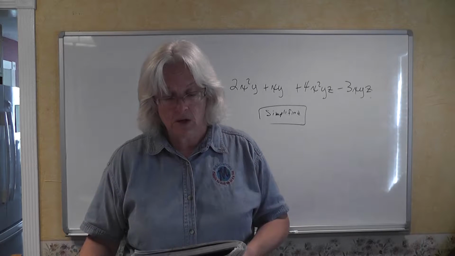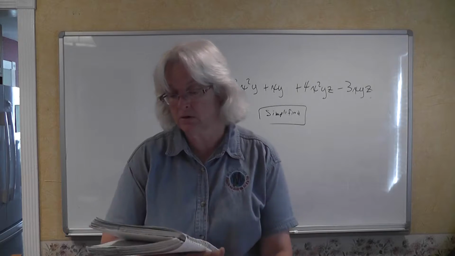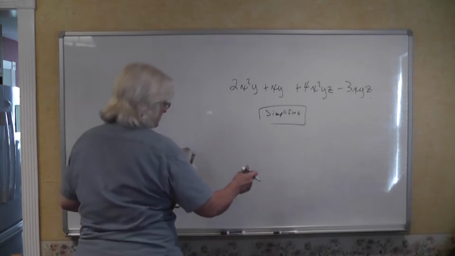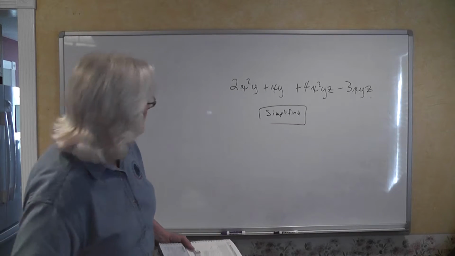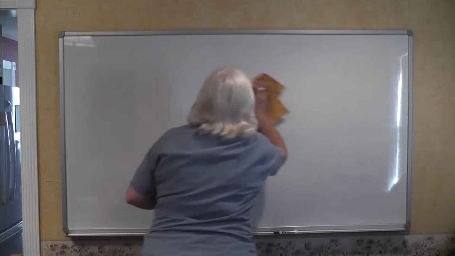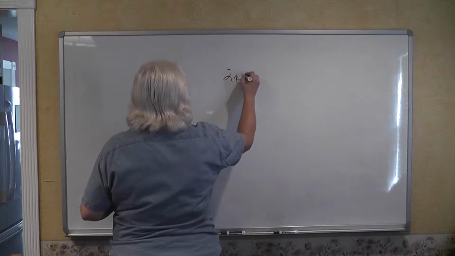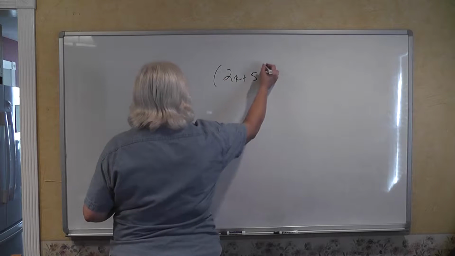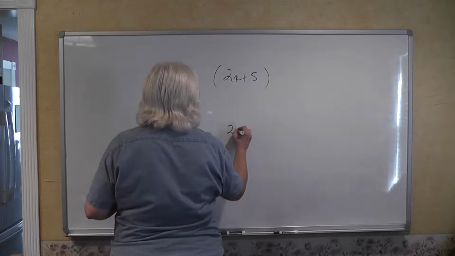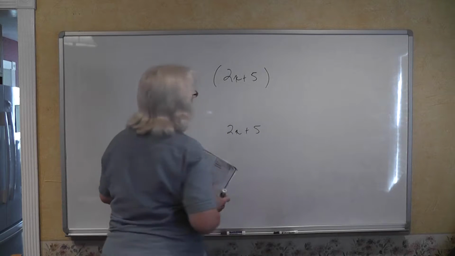For example, the quantity 2x plus 5 is considered as one term. Let me erase this from the previous video. The quantity 2x plus 5 is considered as one term as opposed to 2x plus 5.